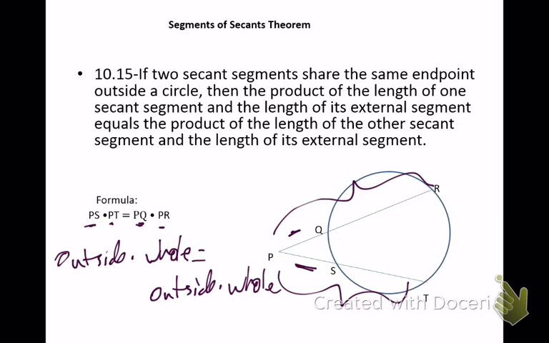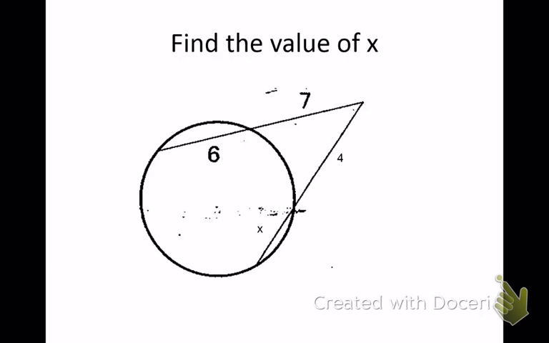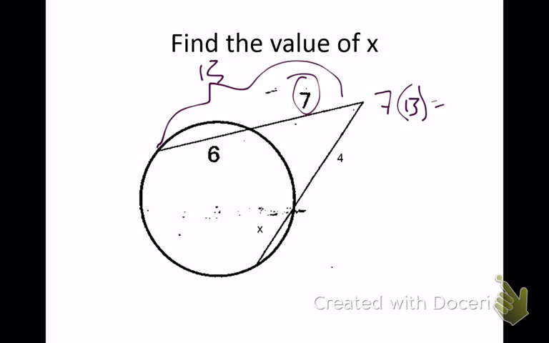Okay? So let's try it. Here, we've got two segments crossing outside. And so cross outside says take the outside piece, which is 7, times the whole thing, and you got to be careful, the whole thing is 13, and set it equal to the outside piece times the whole thing. And again, you got to be careful, we have to add the x and the 4.